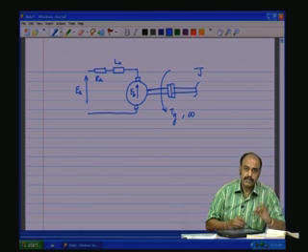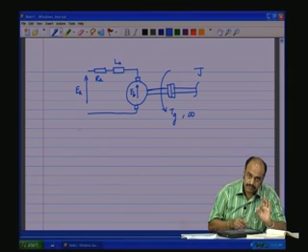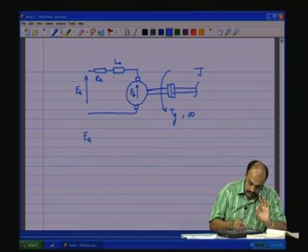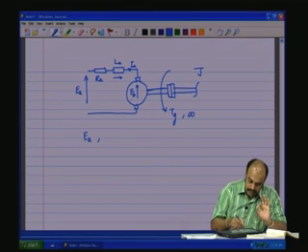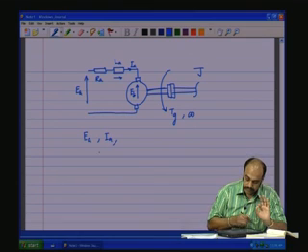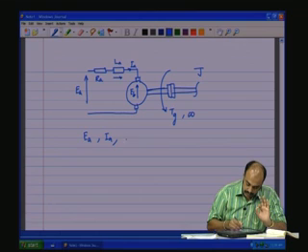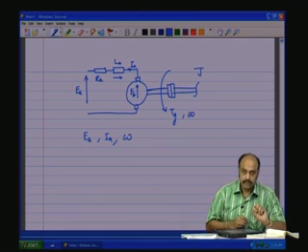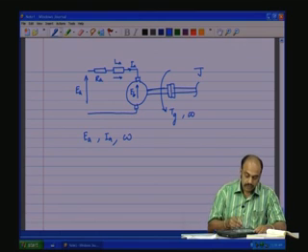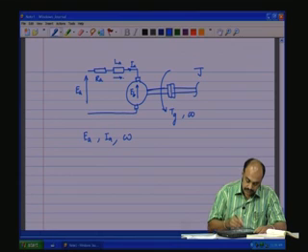Now, to get the state space model, what you have to do? I have to express it only in terms of EA. There is an IA which is flowing, IA and another state variable omega, just like in the case of a DC generator. So, we have the equations here.